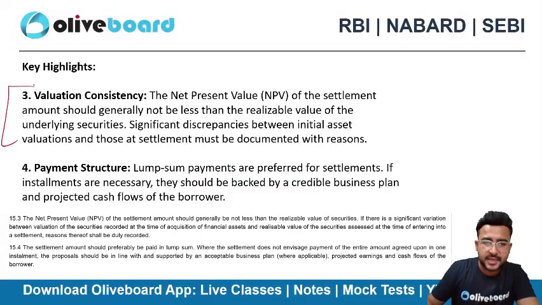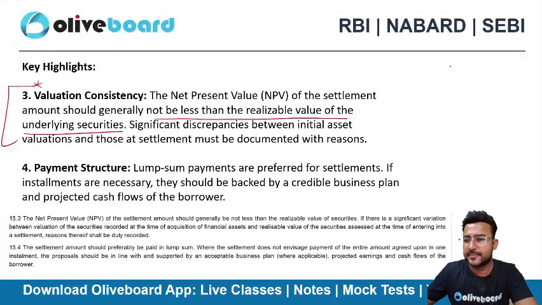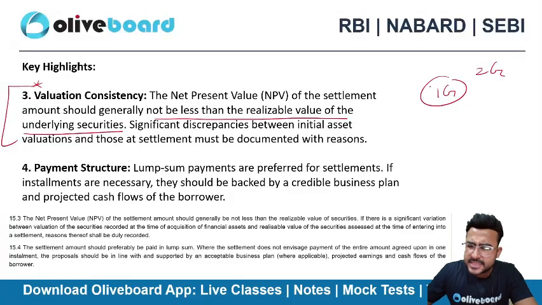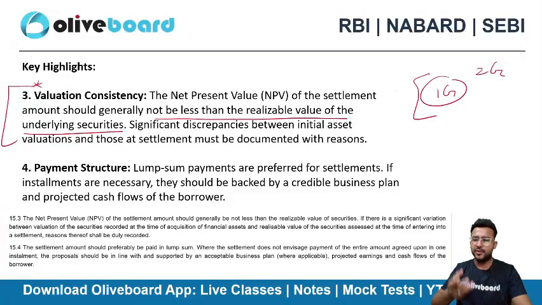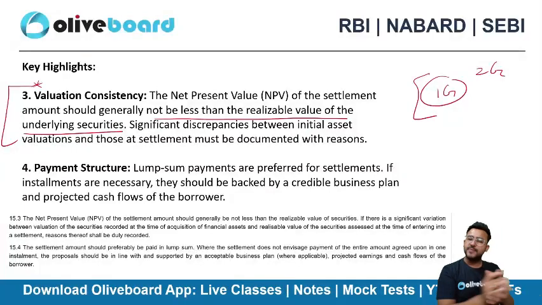Valuation consistency, again an important point. The net present value of the settlement should not be less than the realizable value of the underlying securities. Let's suppose the loans are worth 2 crore and you are having securities worth rupees 1 crore. So the settlement should not be less than 1 crore, obviously, because the realizable value of the securities in itself is 1 crore.